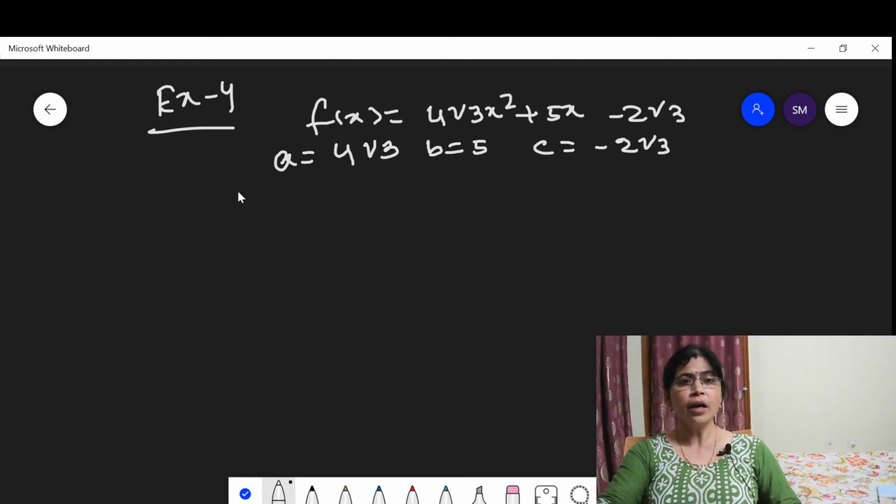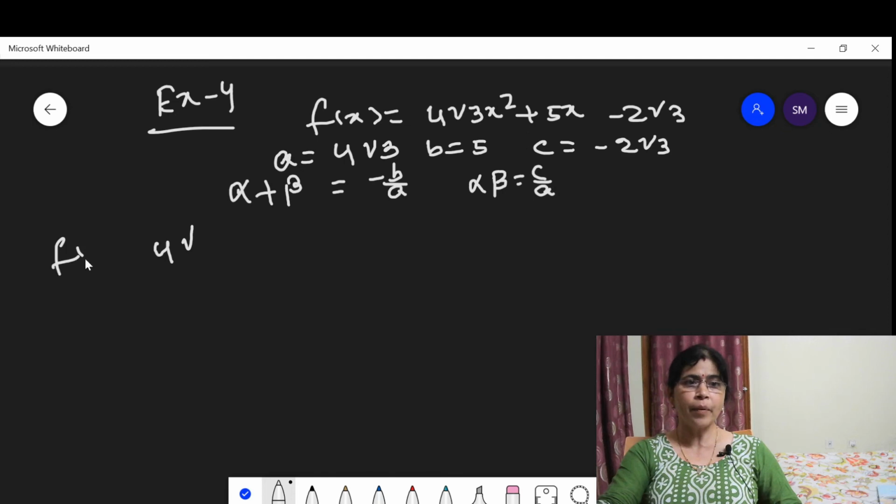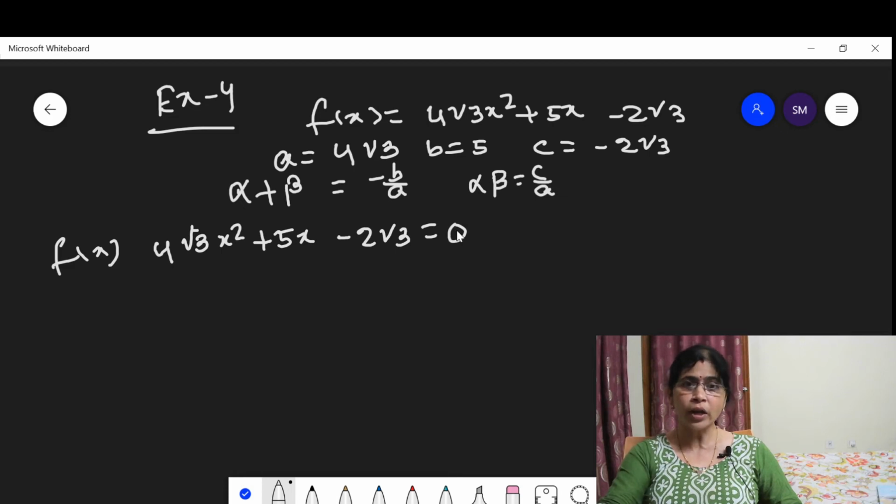Then let us find alpha and beta and verify. Alpha plus beta is minus b upon a, and alpha into beta is c upon a. At first, find the zeros of the given polynomial. Here f(x) equals 4 root 3 x square plus 5x minus 2 root 3 is equal to 0.